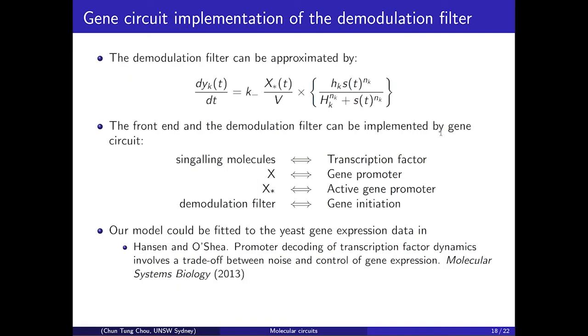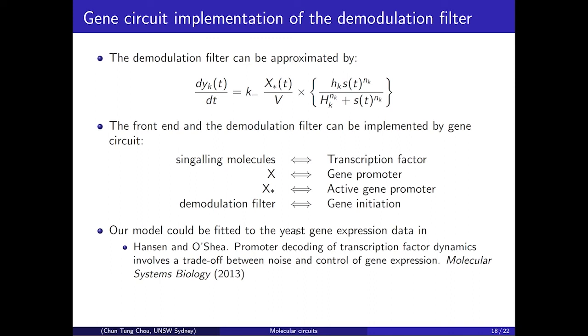Now, one thing is, this circuit that we have come up with can be implemented by using a gene circuit. And there is a mapping between the types of molecules. The signaling molecules become a transcription factor in the genes and so on. And what we have done is we take this model and fit it to some gene expression data that people have obtained.